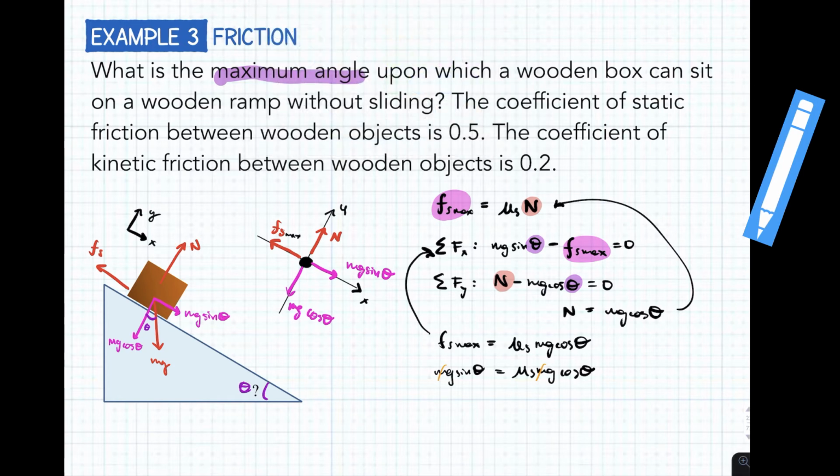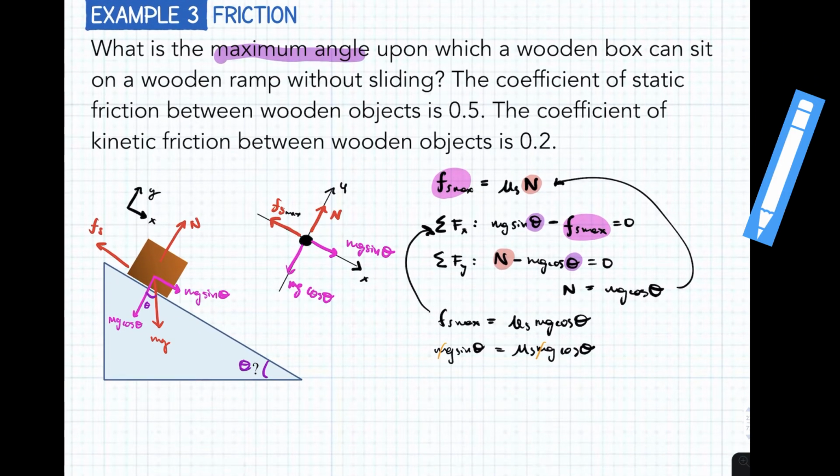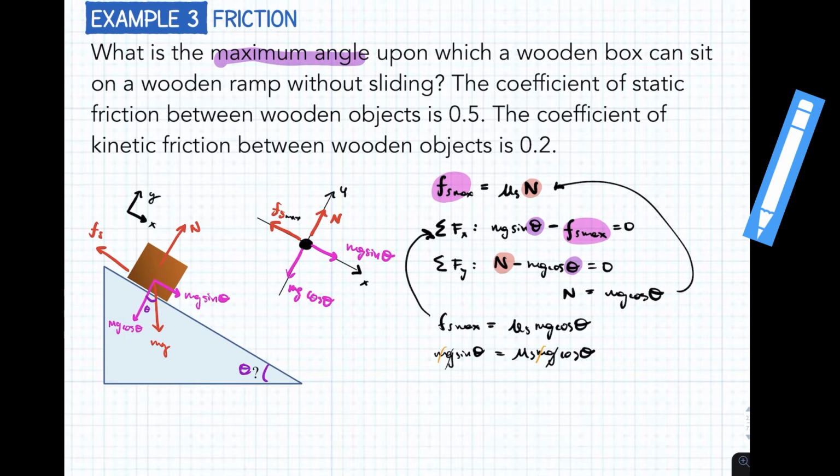That's going to take a couple steps. We can also get rid of g. Sorry. We'll also cancel g. And so we end up with mu s is equal to sine over cosine, so tangent theta.